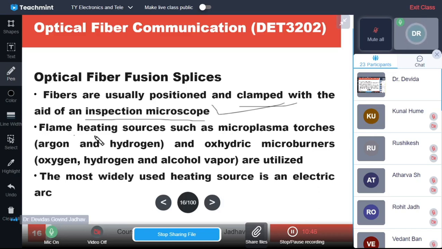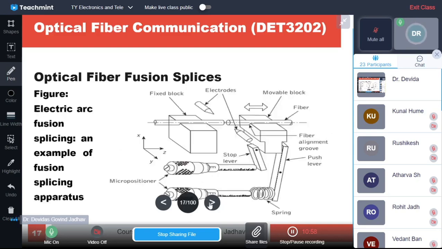Then flame heating sources are there, maybe microplasma by argon hydrogen or auxiliary by oxygen hydrogen alcohol vapor, but the most widely used is electric arc.